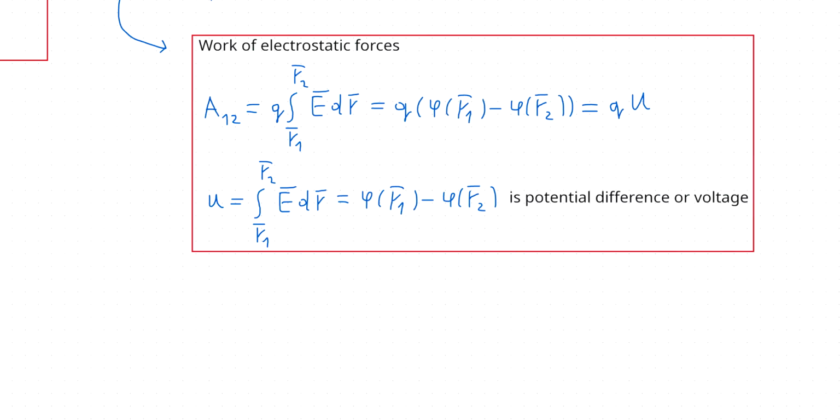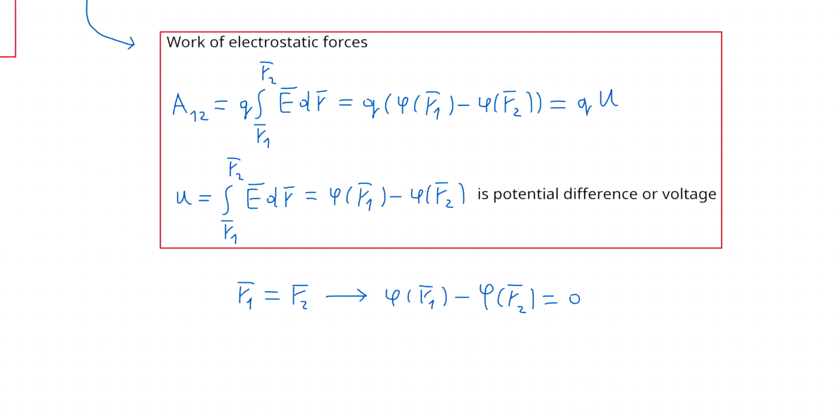So in this case, R1 is equal to R2, and of course it means that phi in point R1 minus phi in point R2 is equal to 0.